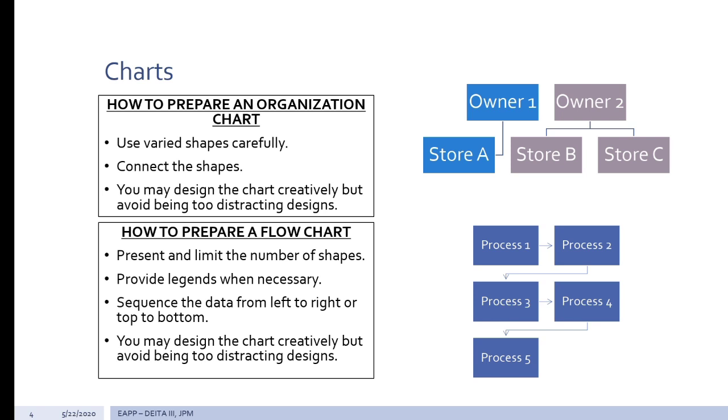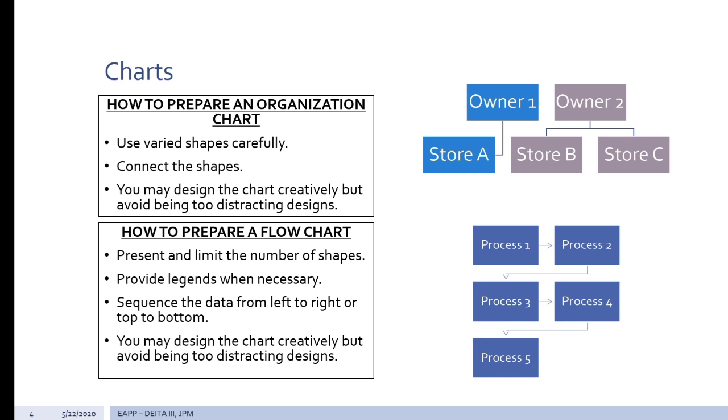Let's say, for example, in this particular example, boxes. Now, connect the shapes using a line or an arrow. Last one, you may design the chart creatively, but avoid being too distracting. Avoid using too distracting designs.